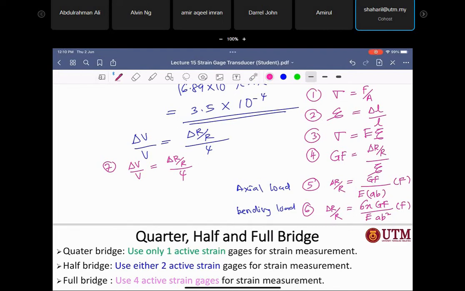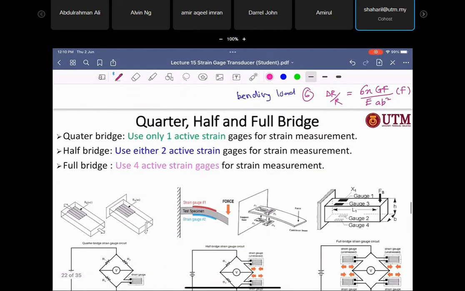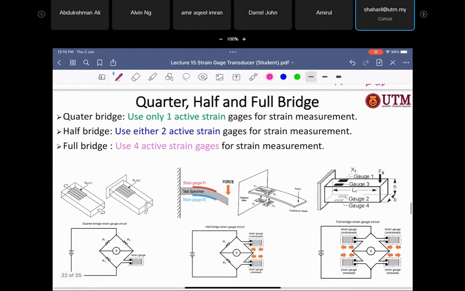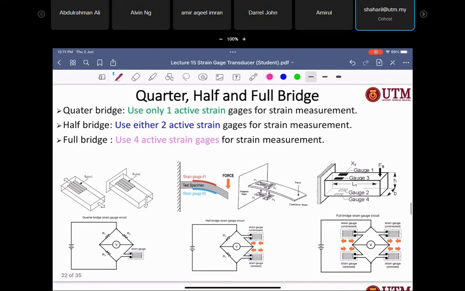So now let's continue a little bit. Okay, all right. When we apply the strain gauge with the Wheatstone bridge, there are three types. The first one we call the quarter bridge. The quarter bridge has only one active strain gauge used for strain measurement.